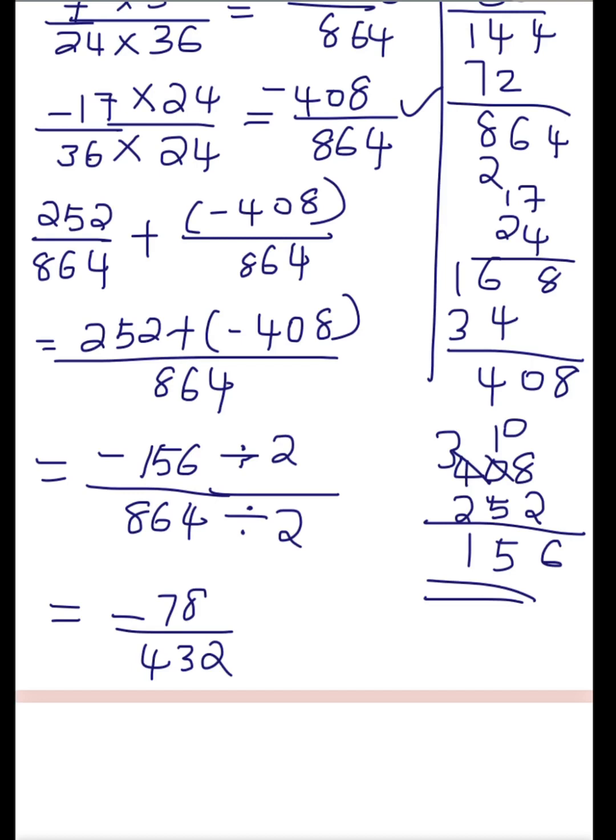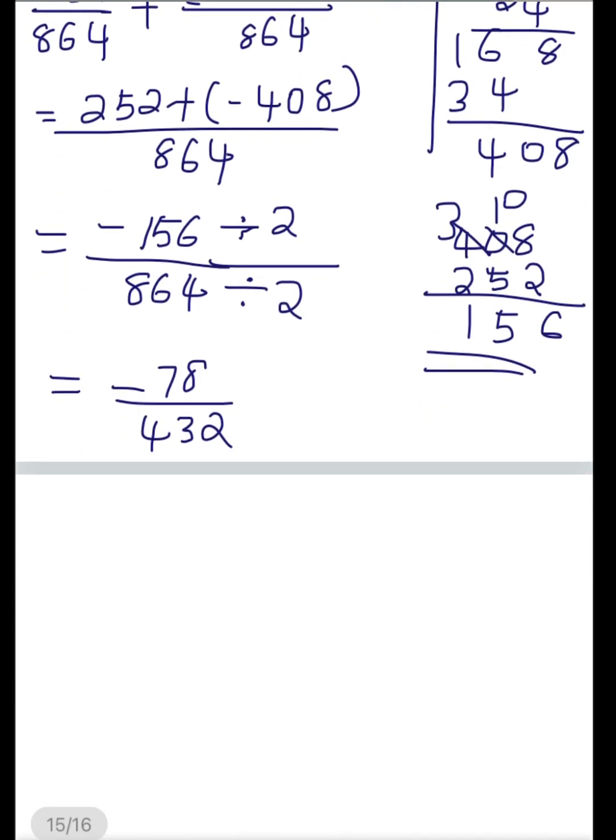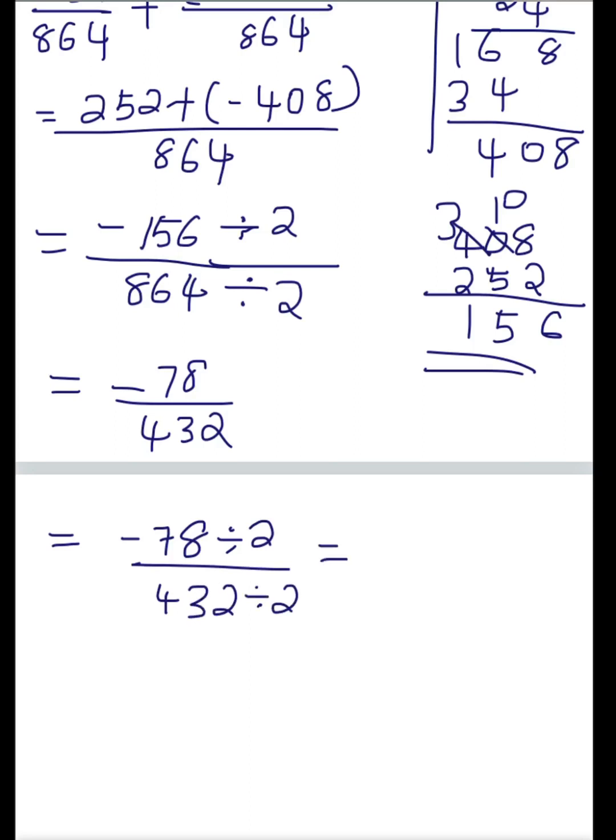Now again minus 78 by 432 is not in its standard form. So again you can divide both by 2. So what is 78 divided by 2? You know that it's 39. Now what is 432 divided by 2?